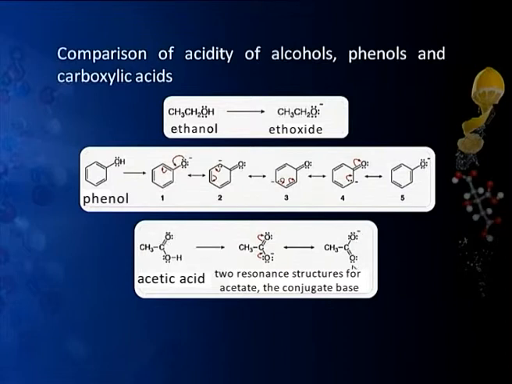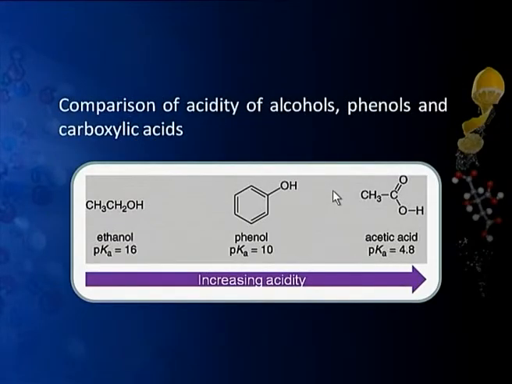So, resonance stabilization of the carboxylate anion is more in comparison to that of the phenoxide ion, because in phenoxide the negative charge is distributed to the carbon of the ring. So, this leads to higher stability of the carboxylate anion as compared to the phenoxide ion, and the phenoxide ion is more stable than the ethoxide ion, and this gives the order of acidity of these three functional groups.